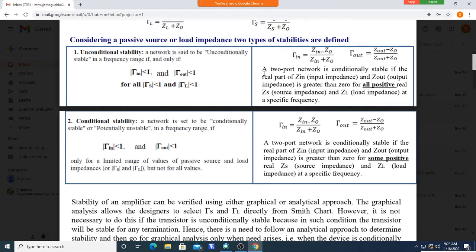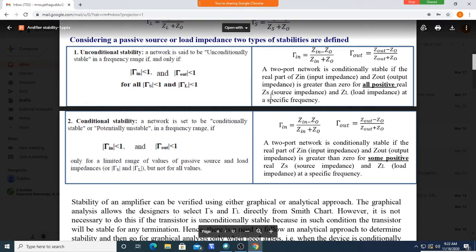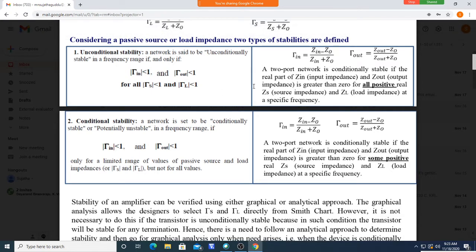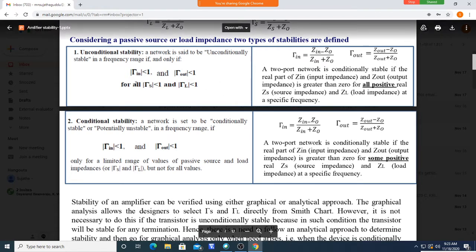That is a check, because manually we cannot put in all values of ZS and calculate gamma in, and put in all values of ZL and calculate gamma out. That we cannot do. That's why the tests are there. Just calculate the k value and delta value. From the values of k and delta, we can come to know the system is unconditionally stable.